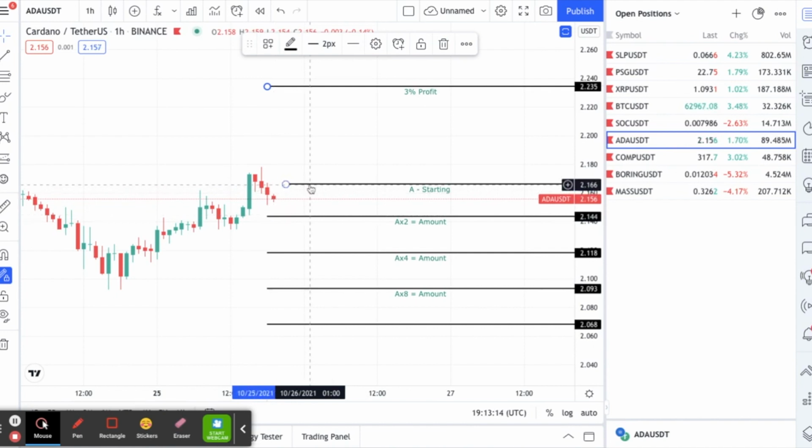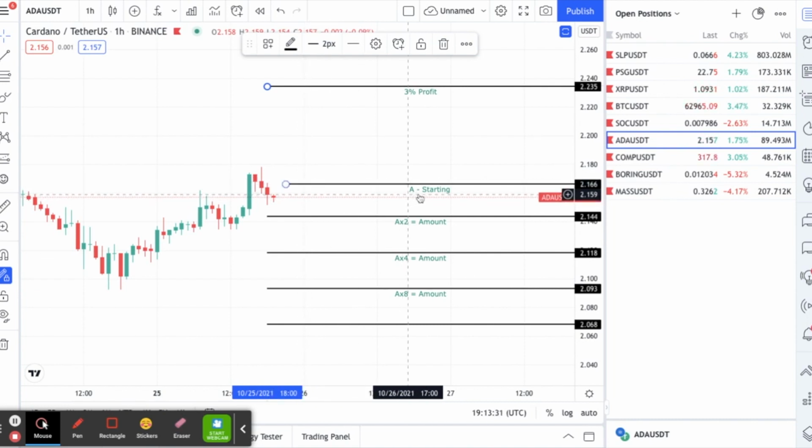My starting position is 2.166, okay? And what ends up happening is it really dollar cost averages you into a position so that you can end up making some good profit.